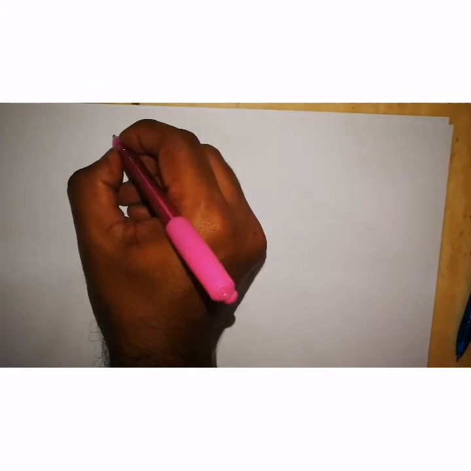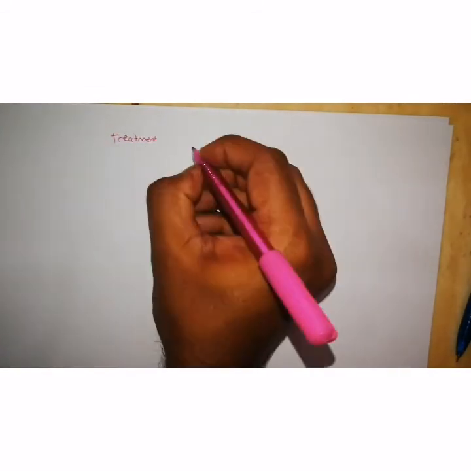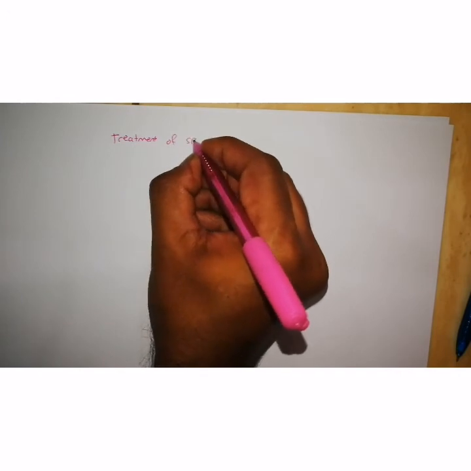Okay, last but not least, we're going to take a look at the treatment of small bowel obstruction. So this depends on how severe the blockage is. Like I've said, it depends on the mechanical and non-mechanical obstruction, which could be ileus, temporary, or long, which is pseudo obstruction.